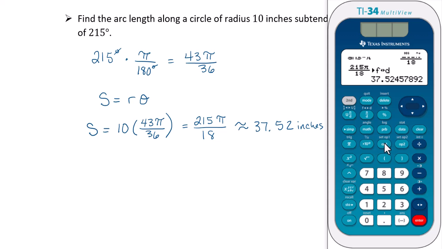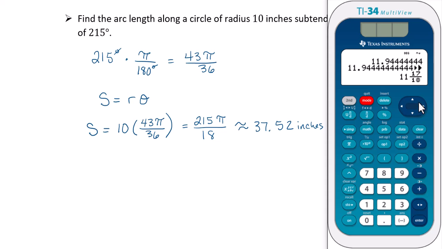Now there's a setting on your calculator that can help you simplify some of your steps. Might have to check and see where it is on your particular model, but if I had something like the 215 over 18, and my calculator has given that to me as a mixed number, in the mode, move down the menu, there is a setting where you can always have numerator over denominator form instead of mixed number form.